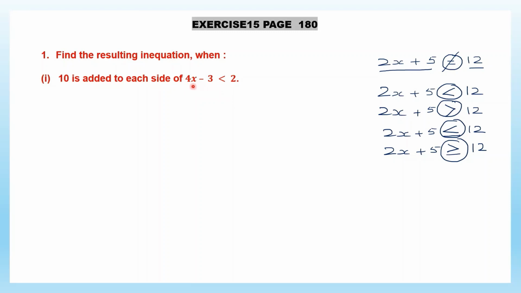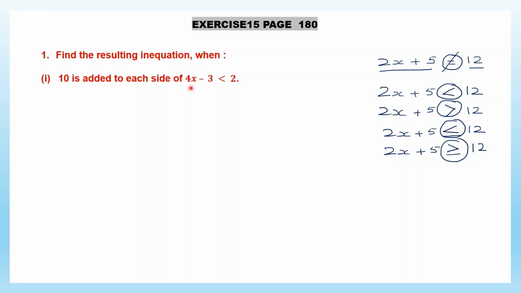So if I add 10 to the left-hand side and 10 to the right-hand side, the inequality remains the same. Another property is if I subtract the same number from each side of an inequation, it does not change.